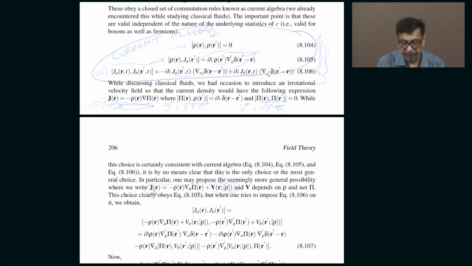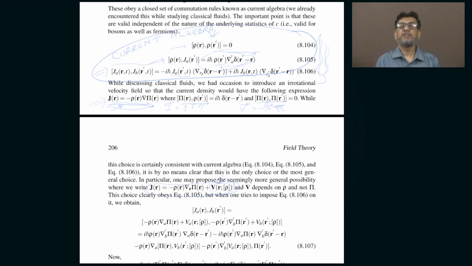So, j commutator rho is already working out, giving you the right hand side. So, the commutator of this with respect to rho had better be 0. Whatever this v is, its commutator with rho had better be 0.